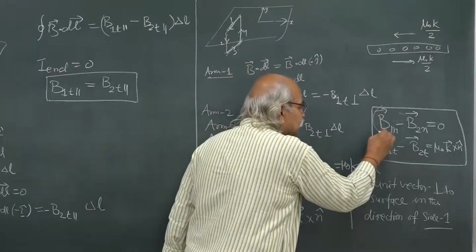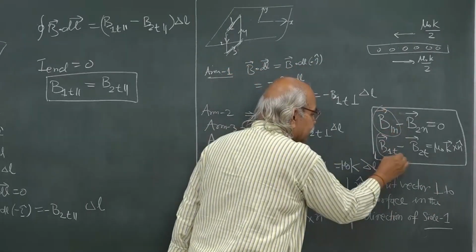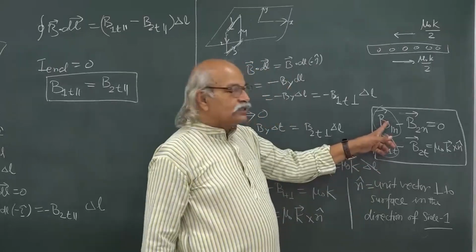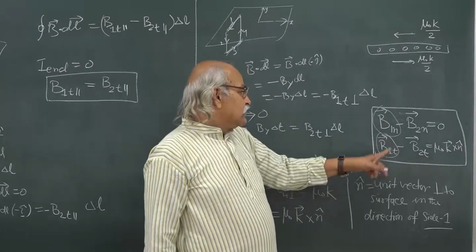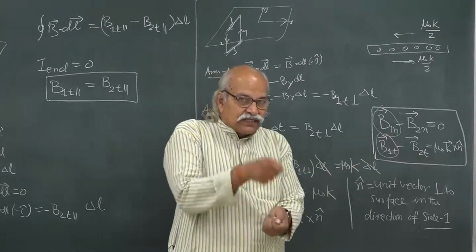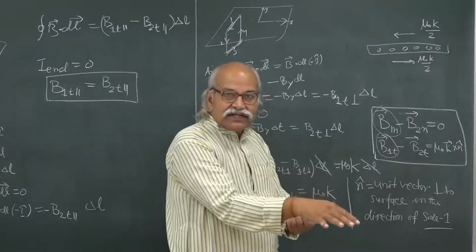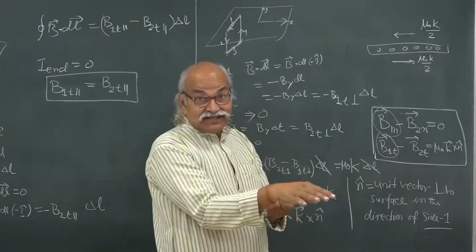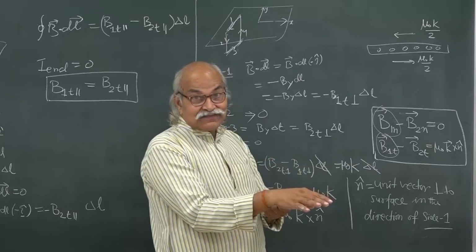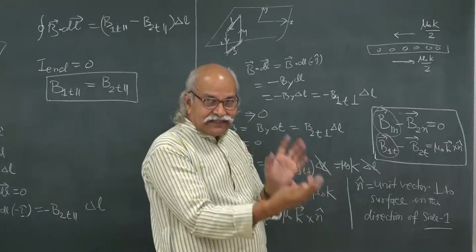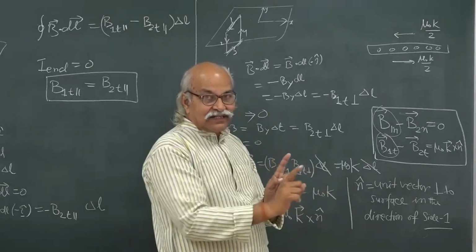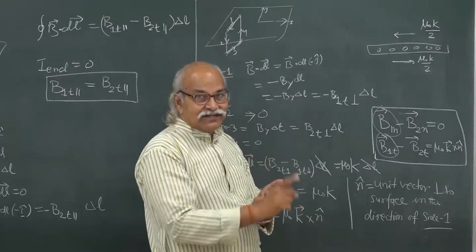What is this plus this? In the perpendicular direction, this is the component, and in the tangential direction, this is the net component. You are adding these two vectors, this vector and that vector, and you get the resultant magnetic field.